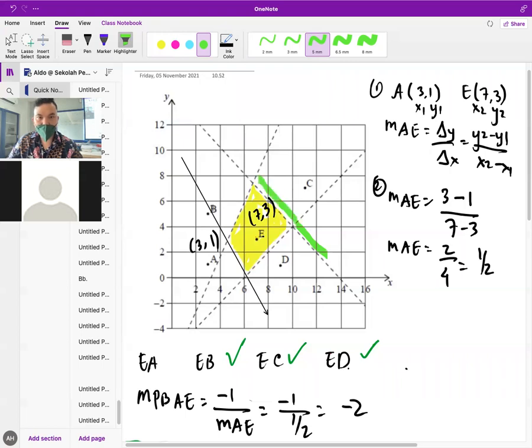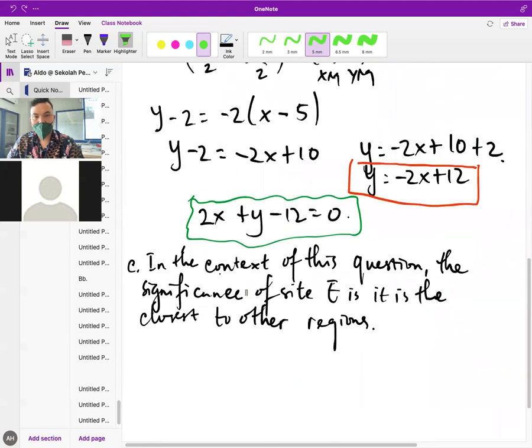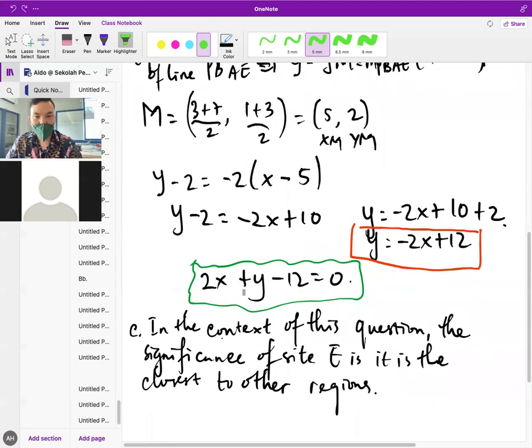Compared to B, oh, this is not being done yet, CB. Now we need to give more. But E for sure is in the yellow. Clear? Now we can move to number 2.